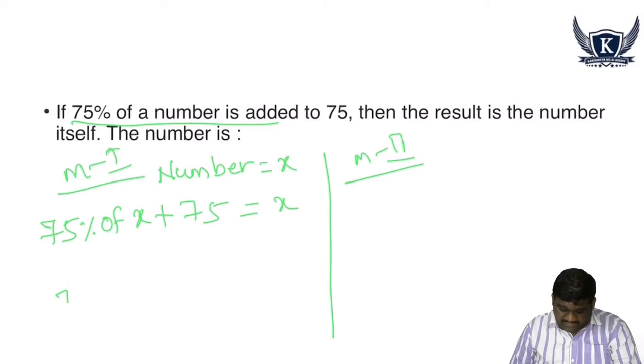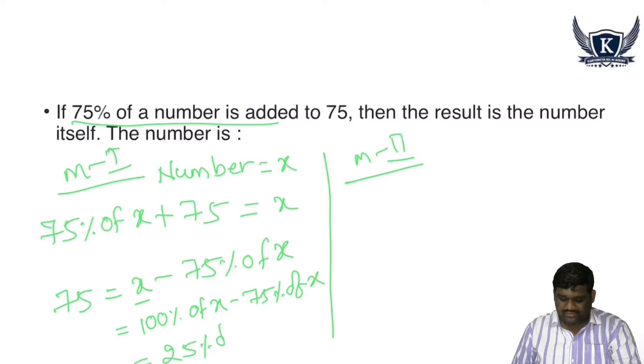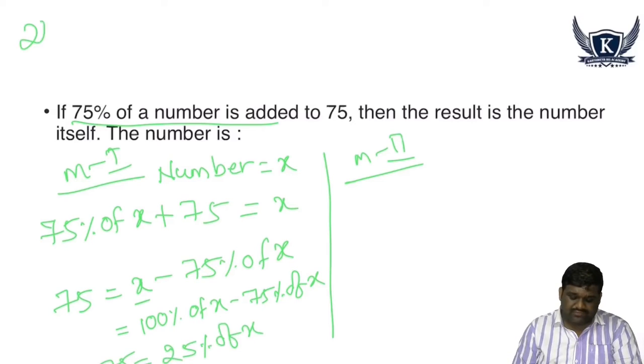So 75 is equal to x minus 75% of x. This x can be taken as 100% of x. So finally I will be getting 25% of x. That is 25 by 100 into x is equal to 75.